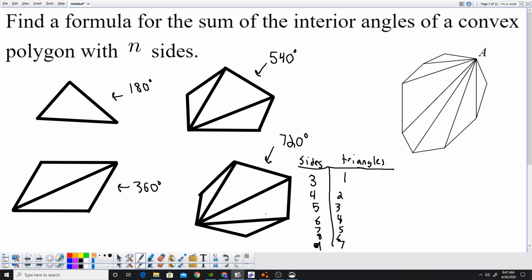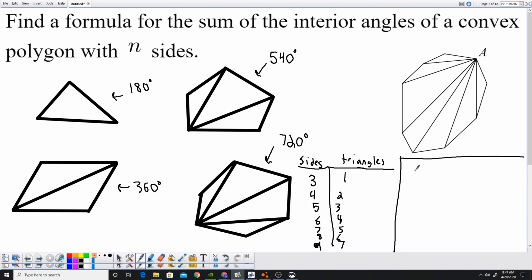So what seems to be the pattern? Well, the number of triangles is always 2 less than the number of sides. So if we have a polygon with n sides, then that means we have 2 less than n triangles.